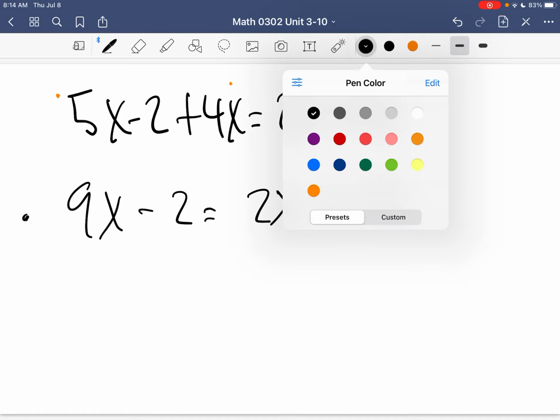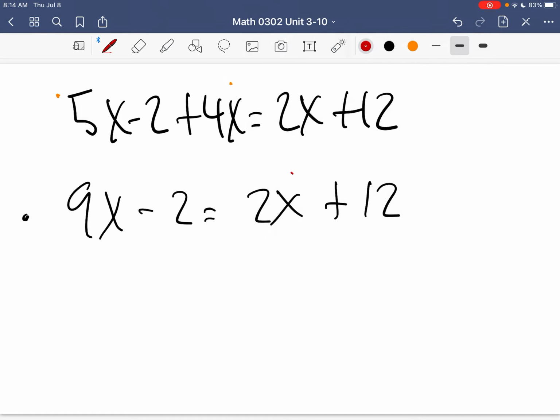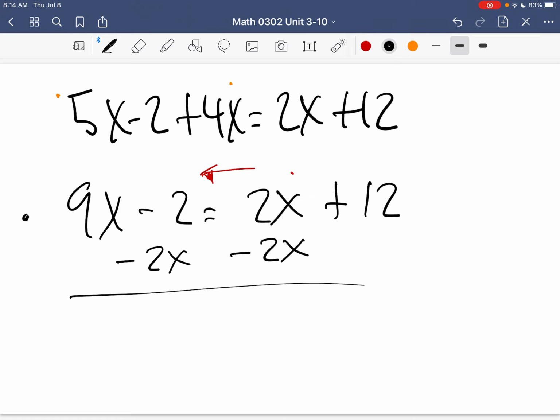This means we need to move the term with x from the right-hand side over to the left-hand side, and the way that's done is by using the subtraction property: minus 2x from both sides of the equation.